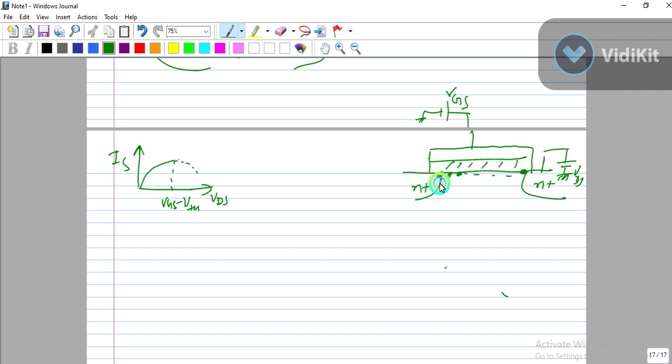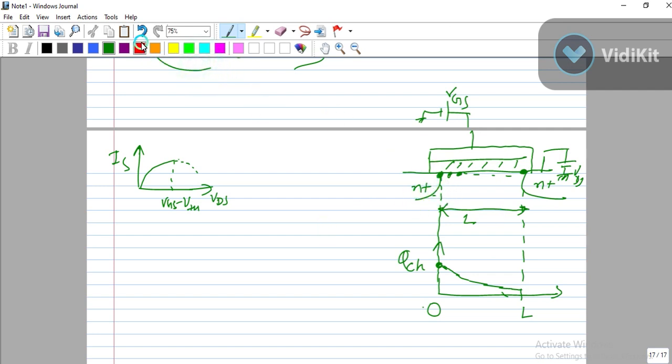So the charge in the channel, how will it be? I'm taking this as L, this as 0, this length is L. There will be maximum Q channel, I mean charge in the channel, and it will reduce with L. The minimum charge concentration will be at L. So we can make it like this.